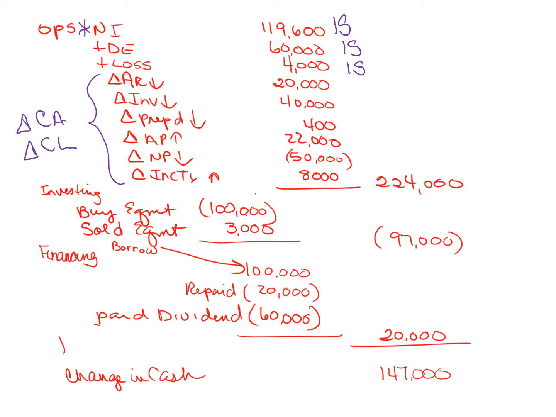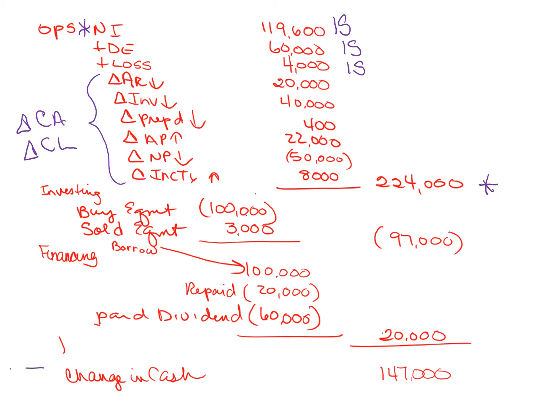And we talked about that current assets, it's an inverse relationship. So if accounts receivable or inventory or prepaids go down, that means we add in. And if they're current liabilities, they go in the same direction as the change. So cash from operations is $224,000, from the accrual-based net income to the cash-based net income.